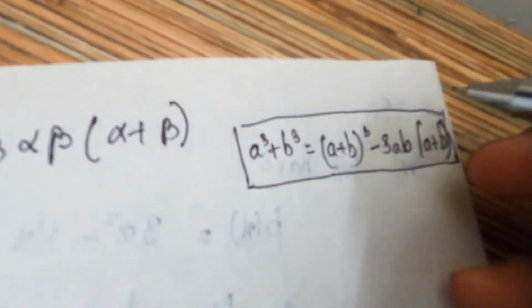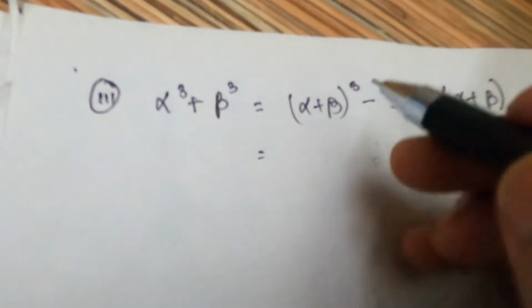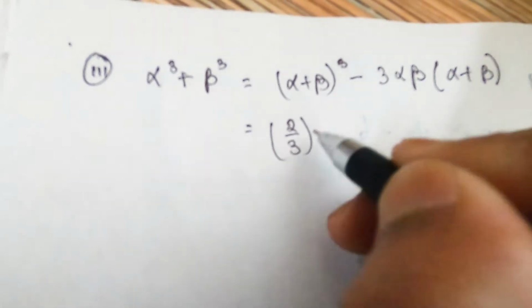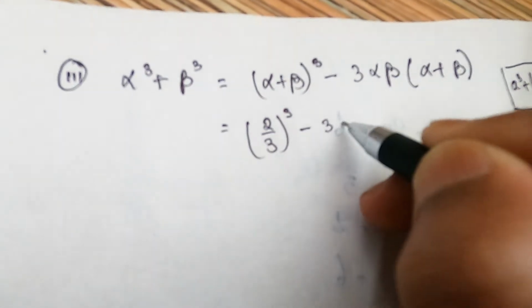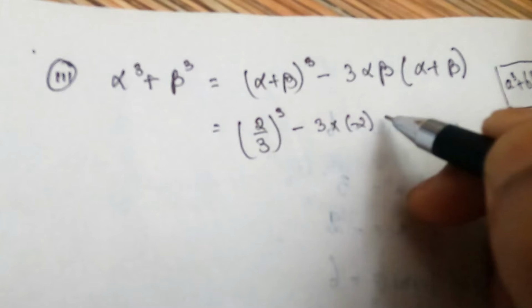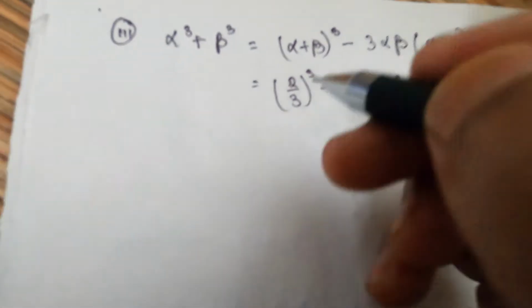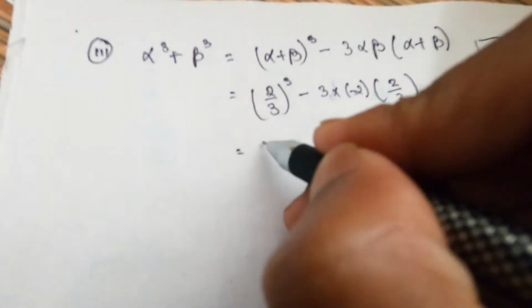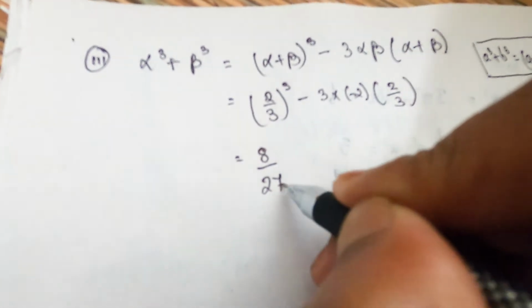Next we will simply substitute the values. Alpha plus beta is 2 by 3, whole thing to the power cube, minus 3 times alpha beta, which is minus 2, times alpha plus beta, which is 2 by 3. In this case 2 to the power 3 will be 8, and 3 to the power 3 will be 27.